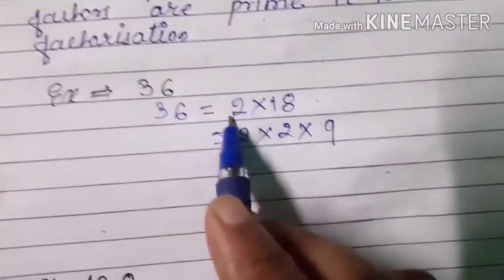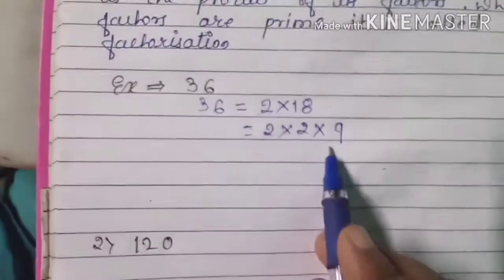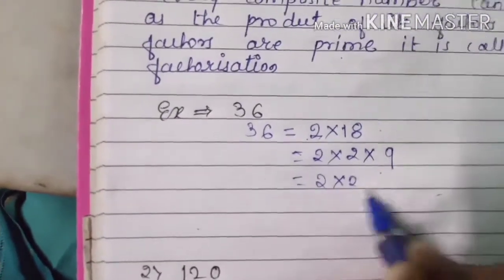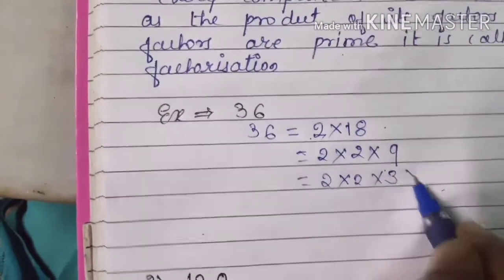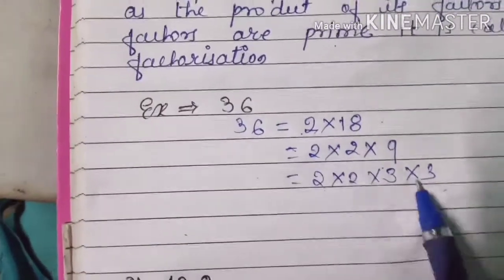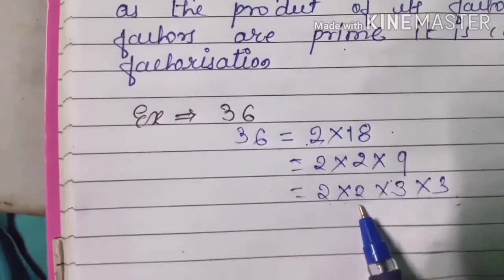So let us take one example. See here, 36 I have taken. So 36 can be written as 2 into 18. Then 18 is converted into 2 into 9. Then 9 can be written as 3 into 3. So see here, the numbers which are coming at the last, these all are prime numbers. Means what?